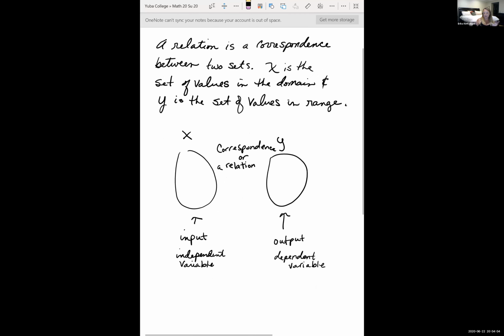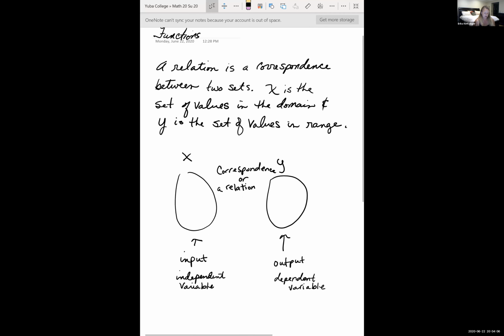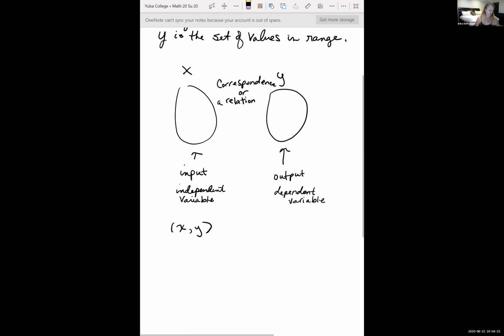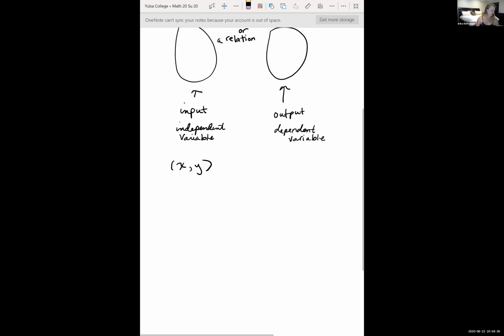So these are all kind of things that mean the same thing. And so sometimes we will see that relation written as a point, x y. So let's look at some examples real quick, and then we'll get into what it means to be a function. Those are special relations.